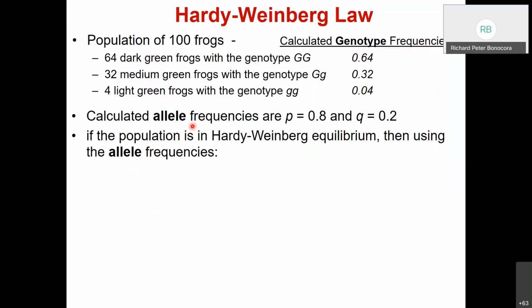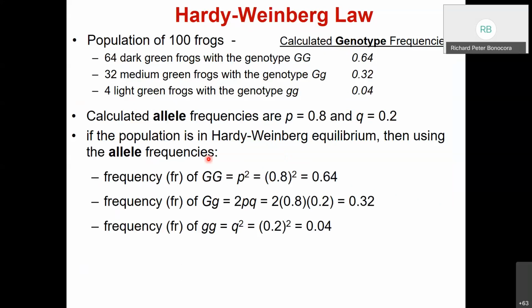If this population is in Hardy-Weinberg equilibrium, then using the allele frequencies, we should be able to calculate the frequencies of each of these different individuals. If we go through and do the math, we get the numbers which are the same as what's here. Again, this is a hypothetical population, so this is supposed to happen.